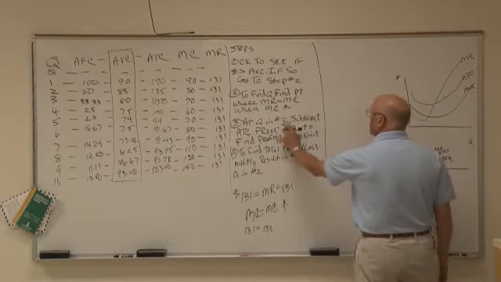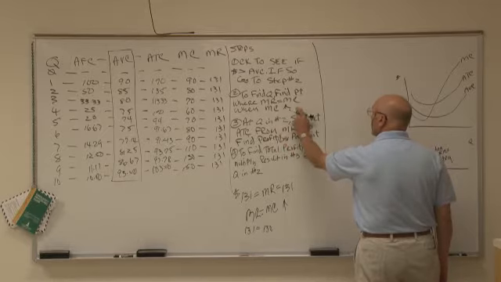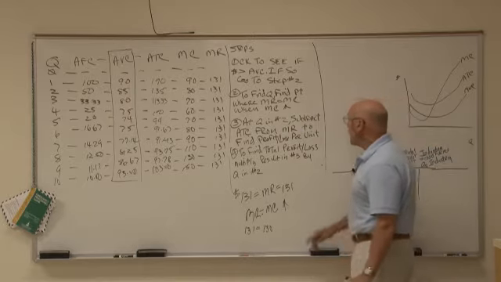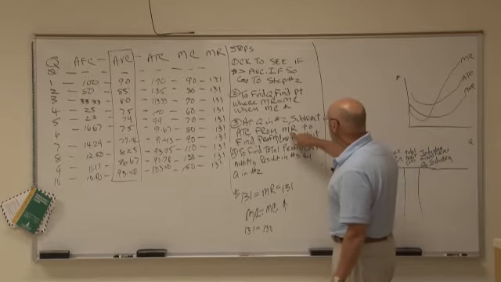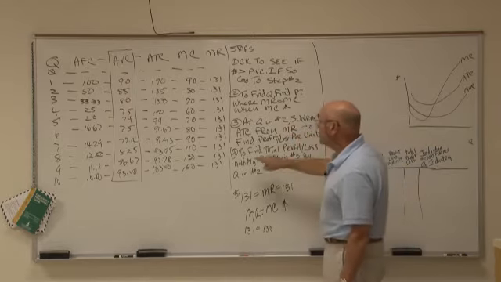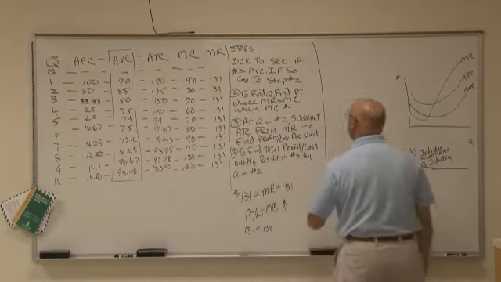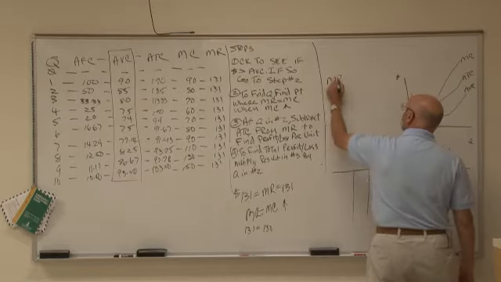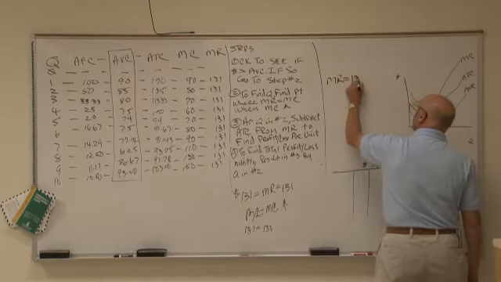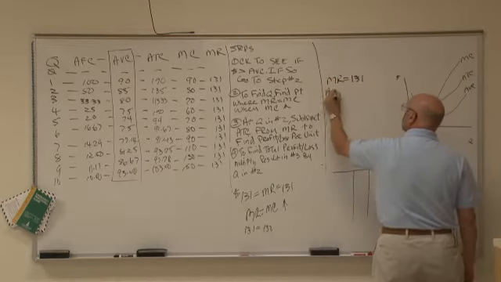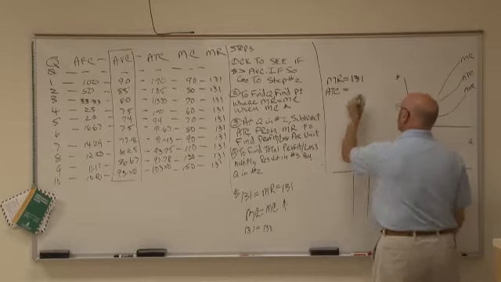At the quantity that I found in number 2, which is 9, I'm going to subtract my average total cost from my marginal revenue. My average total cost at 9 units is $97.78. Marginal revenue is equal to 131.